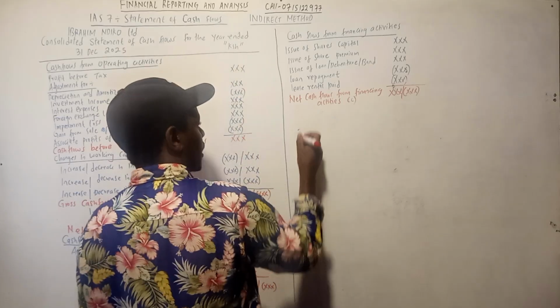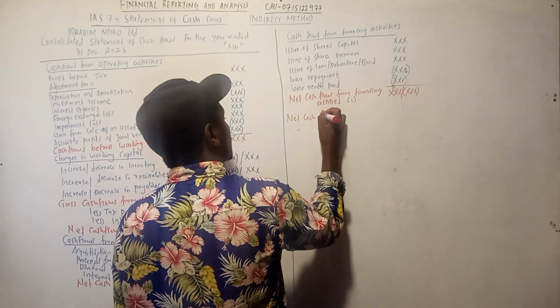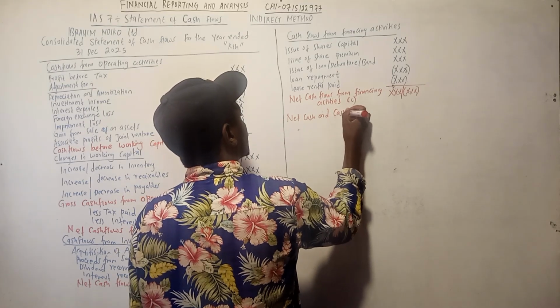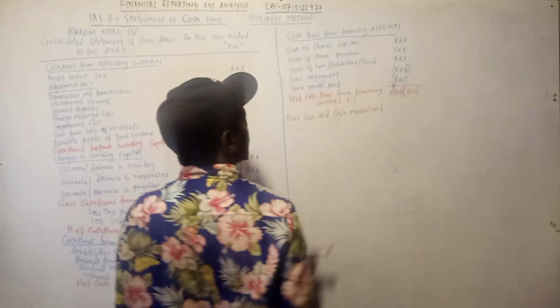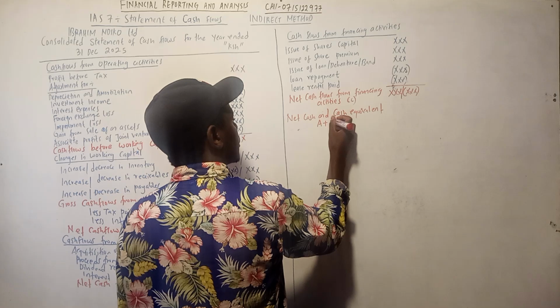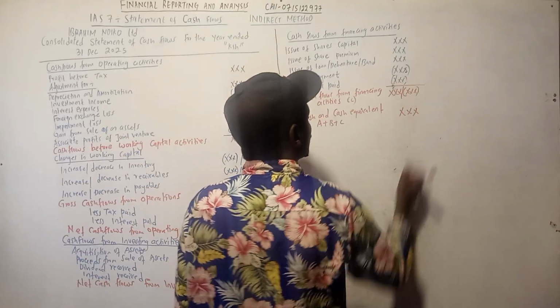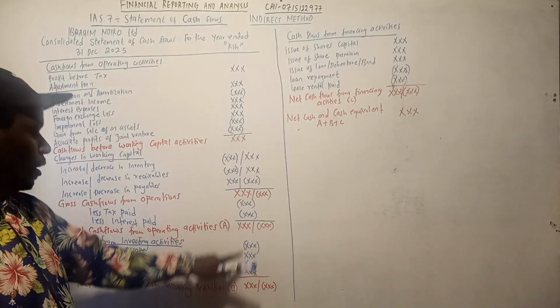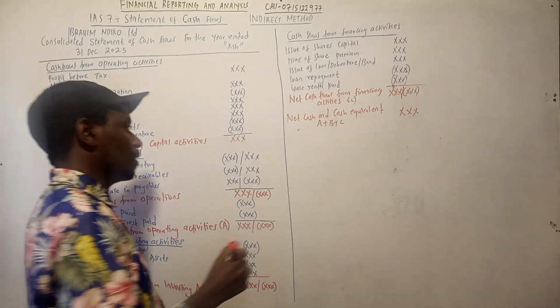Then you can get net cash and cash equivalent. How do we obtain this one? It is A plus B plus C. When you add A plus B plus C, you will get the net cash and cash equivalent.